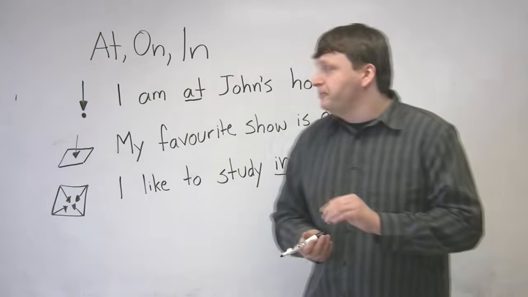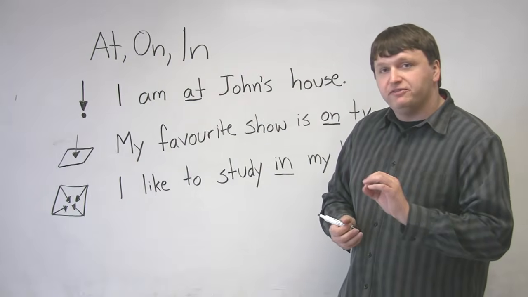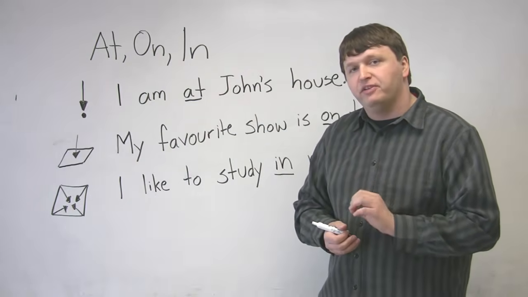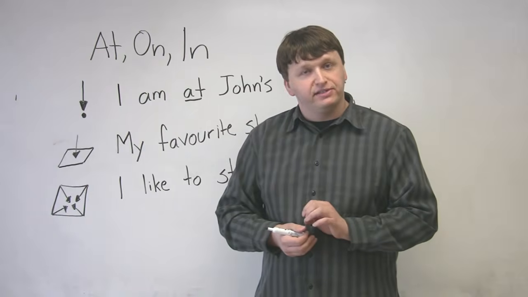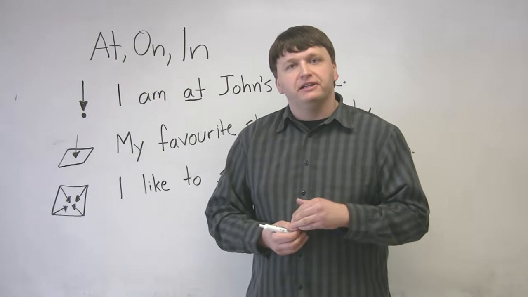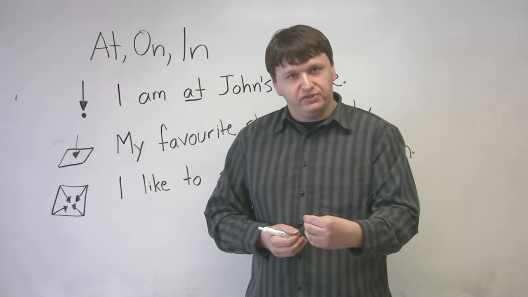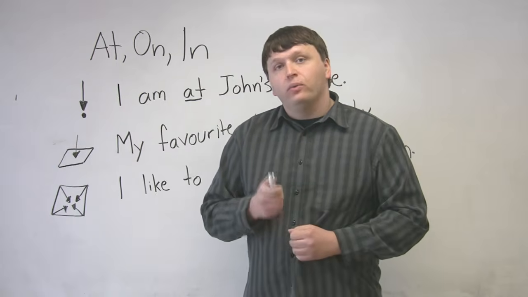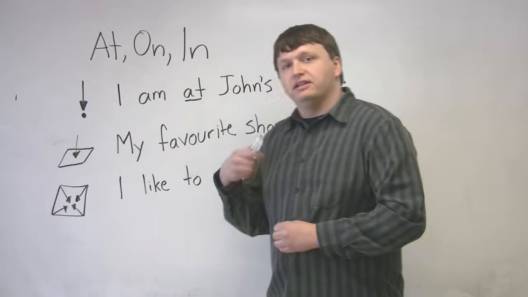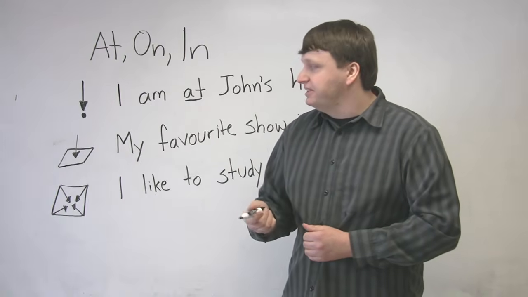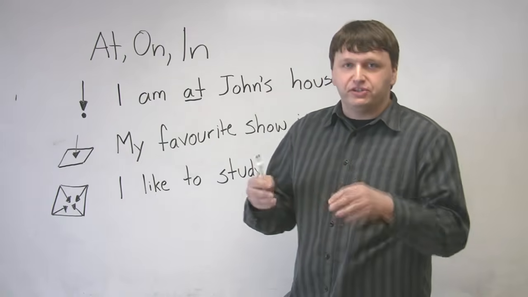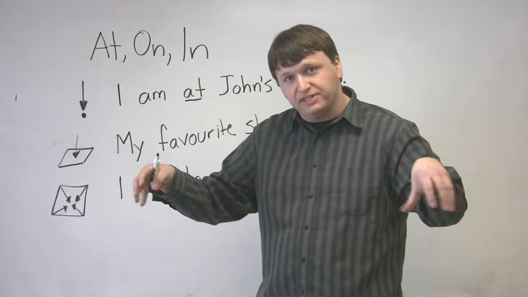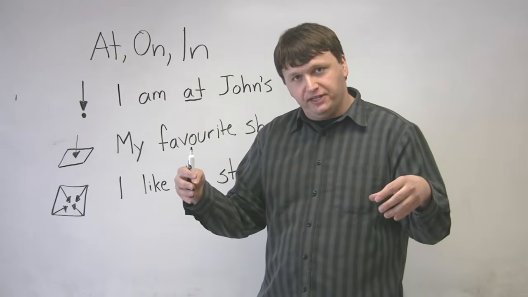Okay, now, when we are using specifically at and on, it can become very confusing when we're talking about addresses. So I used the example of I live at 123 Fake Street. However, when you are talking about living on a street, so if you're just talking about Fake Street in general, the entire street, you would say I live on Fake Street.